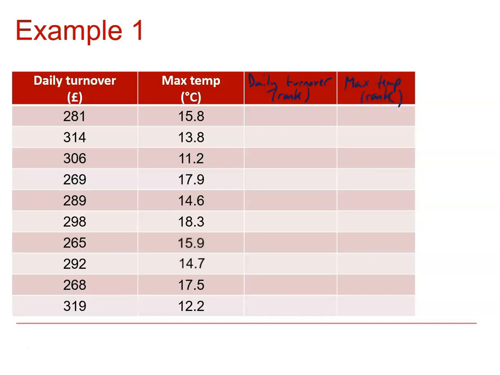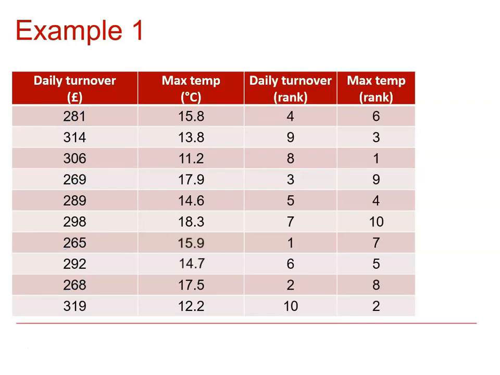Now just put them in order by eye, so I can see that the smallest one is this one, which is 1. I'm going to cross it out so I don't get caught up. Next one there is 2. Third one is that one. One is 4, and so on until you've filled them all in, and do the same with maximum temperature.